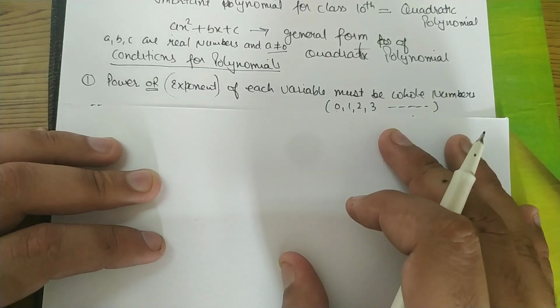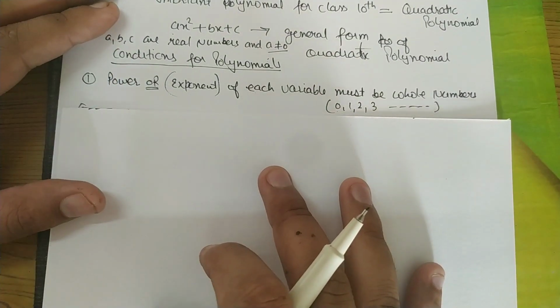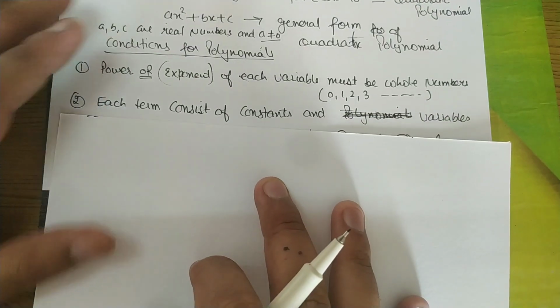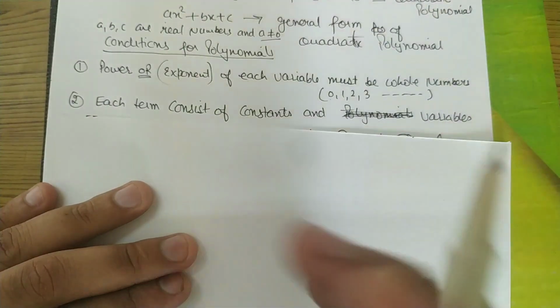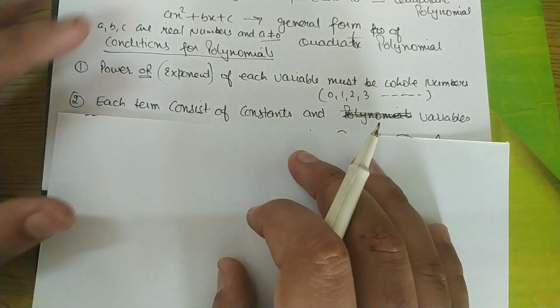Negative powers and fractional powers are not allowed. Is it okay? So the second condition is each term consists of constants and variables.